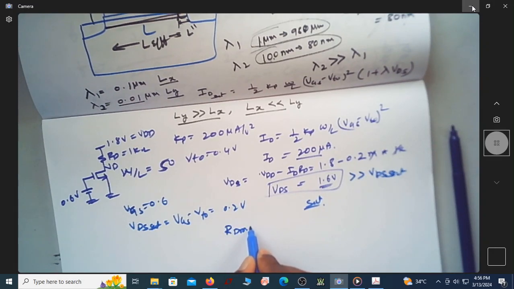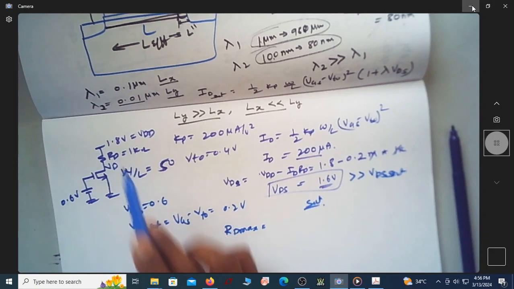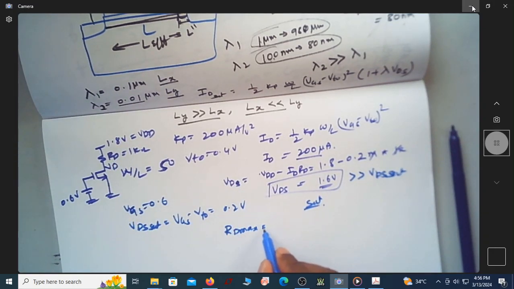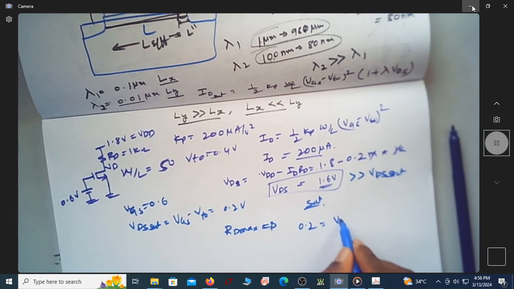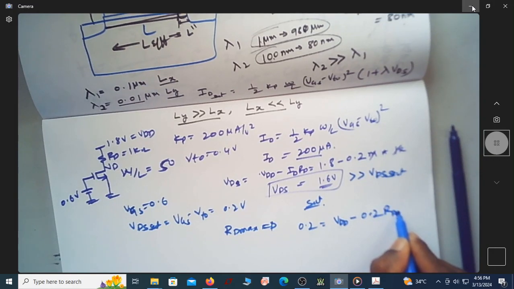So what is this RD max? RD max is the maximum value of RD to keep the MOSFET in saturation. That can be found by equating this VDS to 0.2, so this is VDD minus 0.2 into RD max.